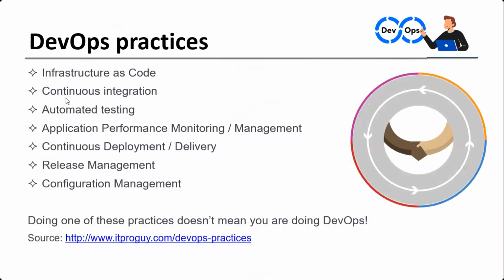Then we have the DevOps practice on CI, which was mentioned earlier. Continuous integration involves merging the developer's code with the shared mainline to produce a new build.